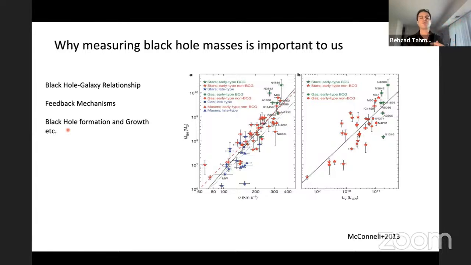So if we want to constrain the black hole formation theories, we need to first have measurements of the black holes across a lot of different environments, like different black hole masses, different regimes, to be able to answer how the black holes form and how they grow through cosmic time.